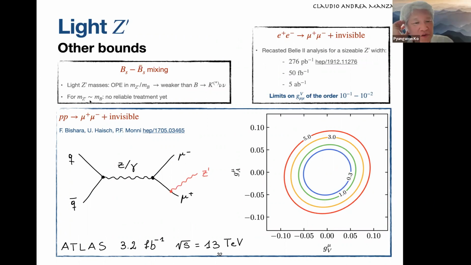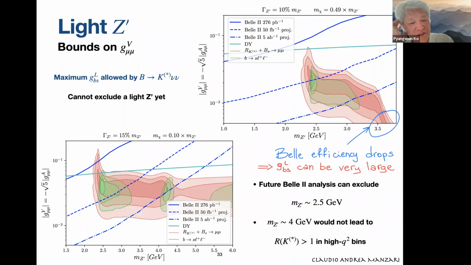I see. So if we do not include Z prime decay into dark matter, then in your previous slide, most of these light Z prime options are still surviving, right? Honestly, one second, let me think, because there is another problem.